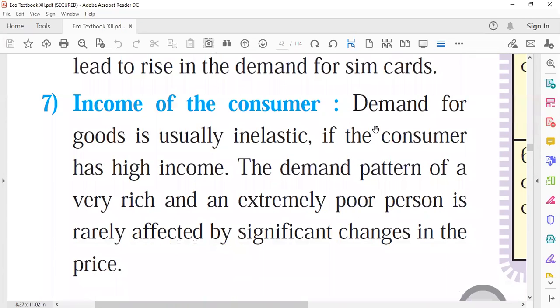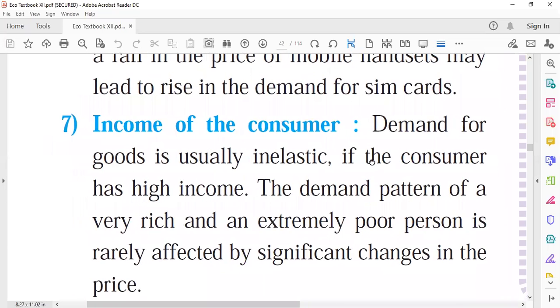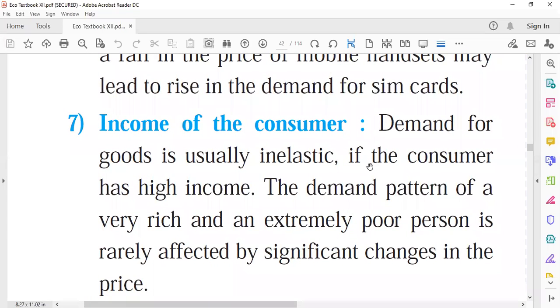Further, the elasticity also depends upon the level of income of the consumer. Elasticity किसके ऊपर depend है? Income of the consumer. Generally, higher income group, rich people, are not affected by the change in the price.